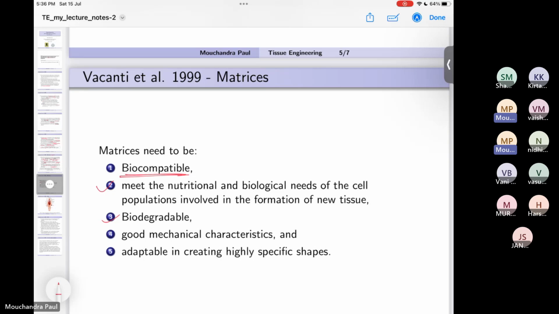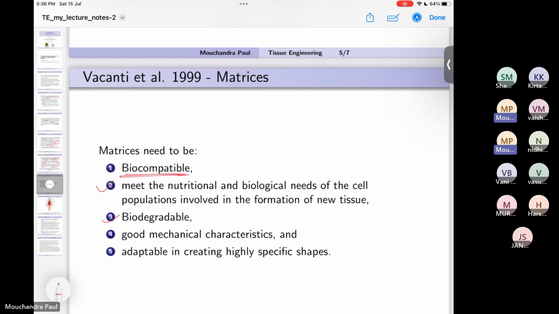And once the cells in the surrounding tissue are able to regenerate the area completely with the correct mechanical strength, the scaffold is not at all required.